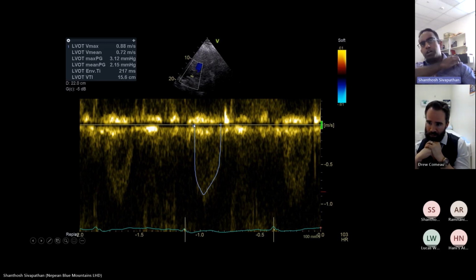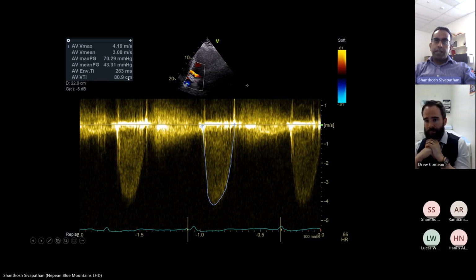Ramani, I do apologize. We're supposed to be using aortic valve VTIs, not LVOT, so continuous wave, for the DVI. We're supposed to be using that AV VTI measurement when we do the dimensionless index measurement. So LVOT VTI over AV VTI.